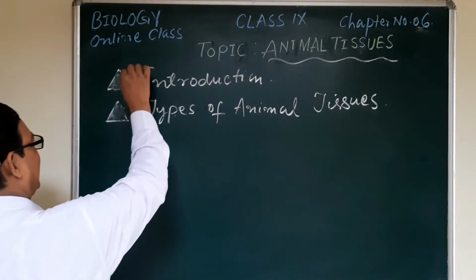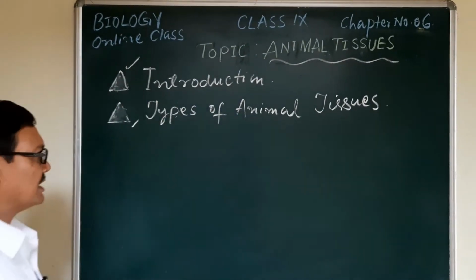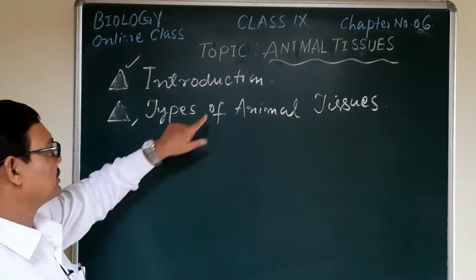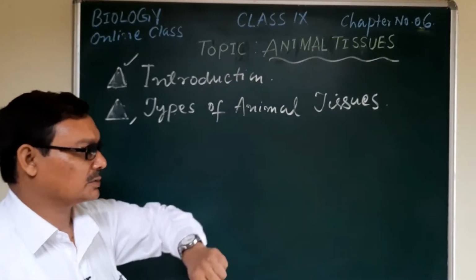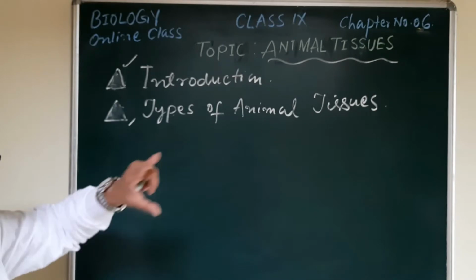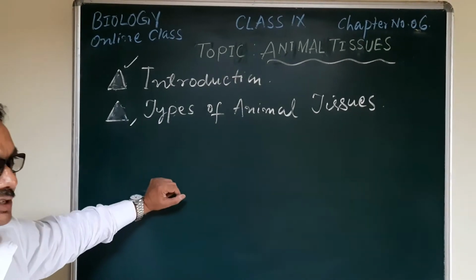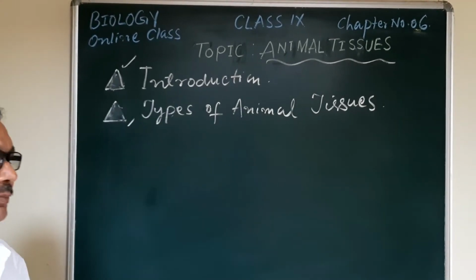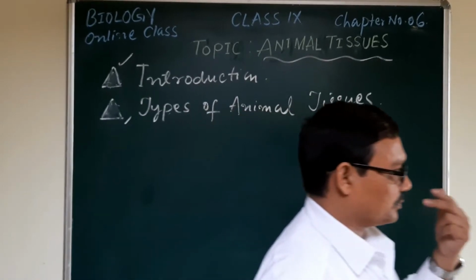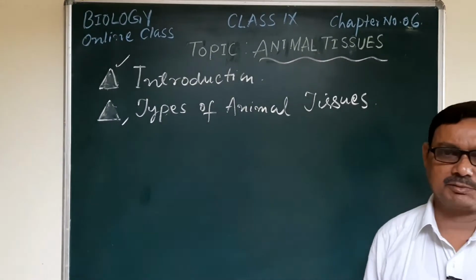The 2 points I have written here for today's discussion: number 1, introduction, and number 2, types of animal tissues. The complexity of the animal body organization is more than that of the plant.